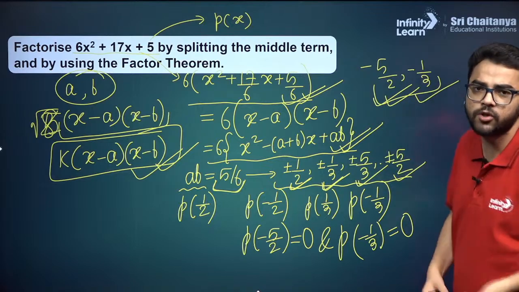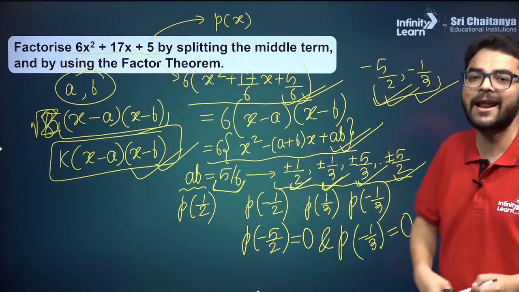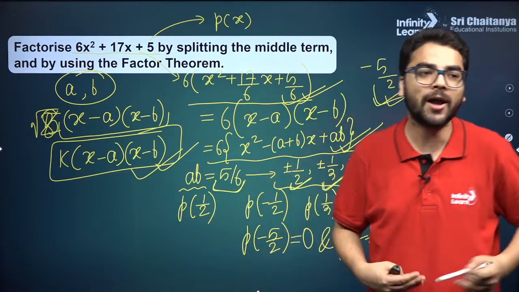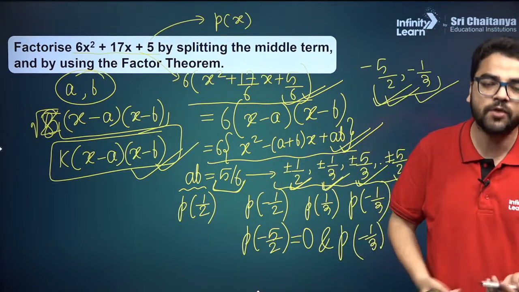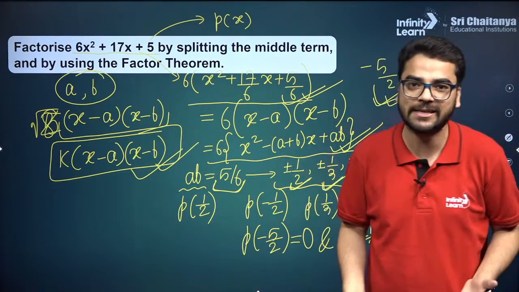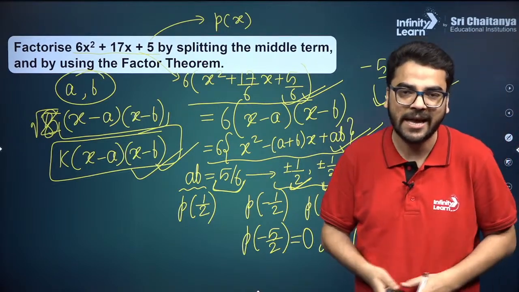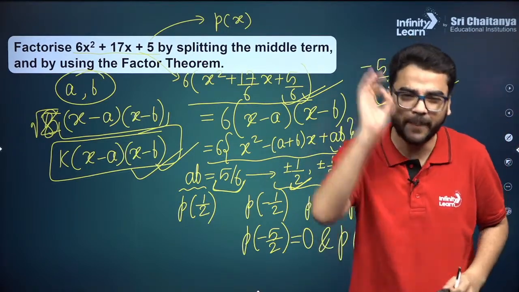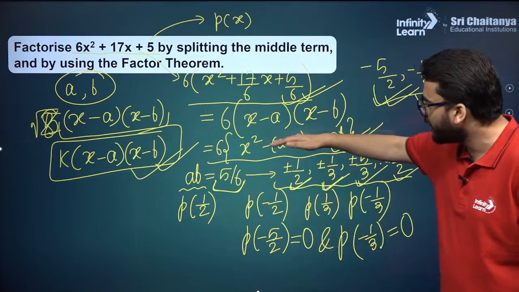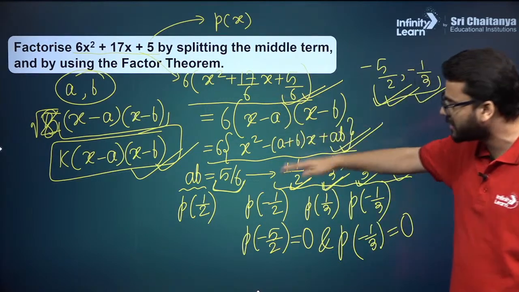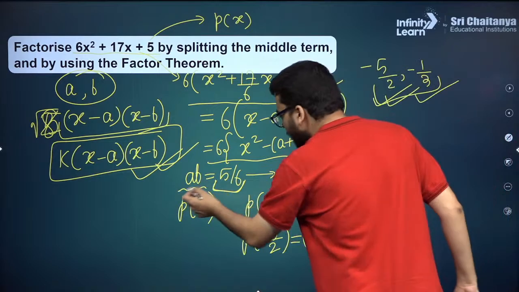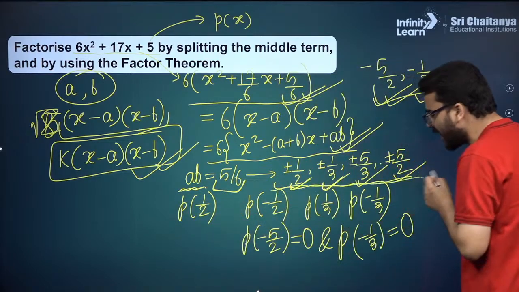So in many books you must have seen this is called the rational root theorem or integral root theorem. So you might get scared that, oh my god, what is this name, rational root theorem and integral root theorem, so complex. These are not complex things, it is very basic logic. From the very basic definition of polynomials, we are getting that the possible values of a and b can be these, right?